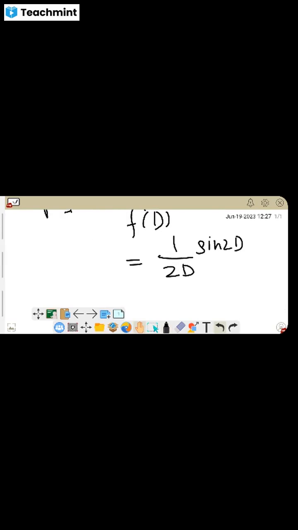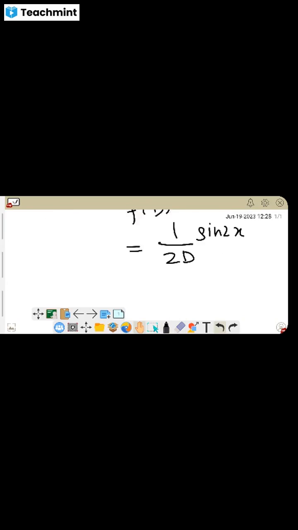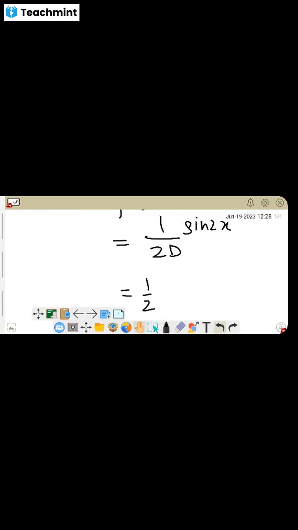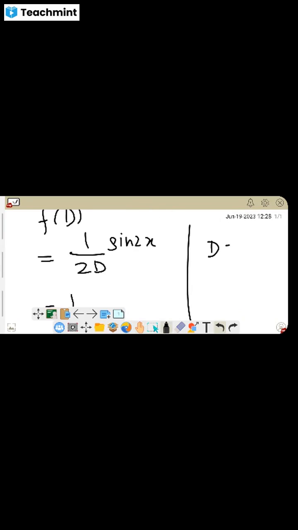And we can't put the value of D here, because we use only D square; we put the value of D square only. So take 1 upon D as integration. You can take the inverse also, then you can use differentiation. 1 upon D is integration, because D is equal to d upon dx, differentiation.